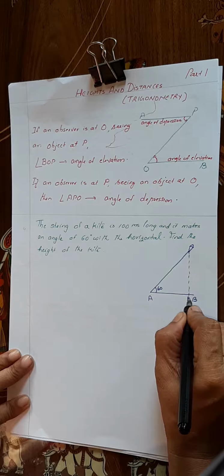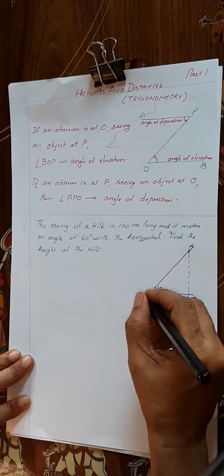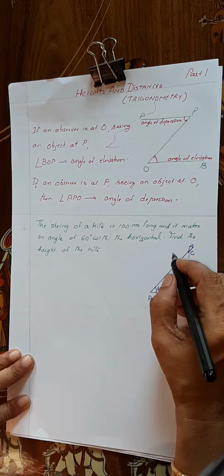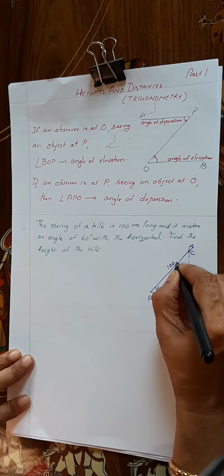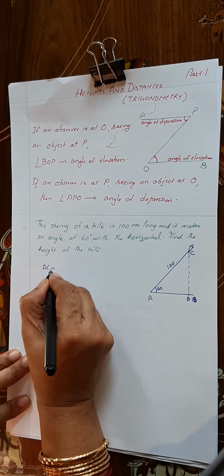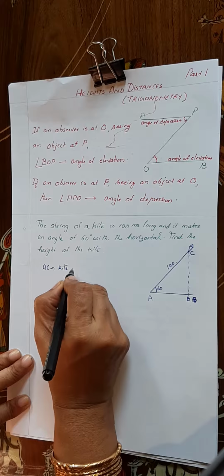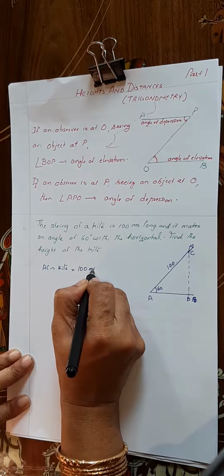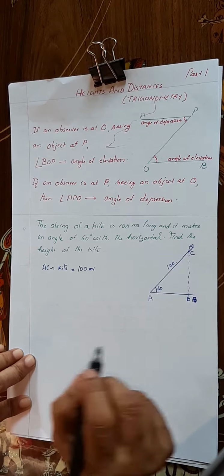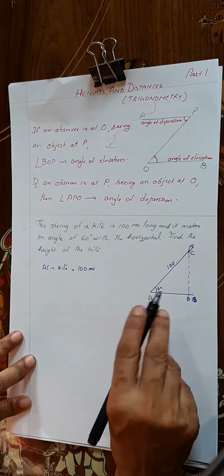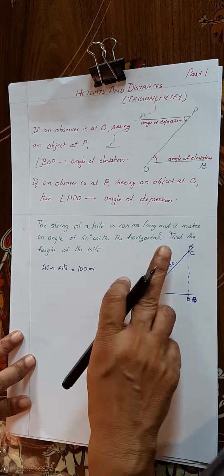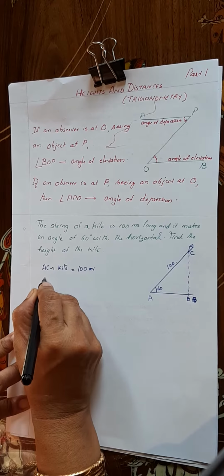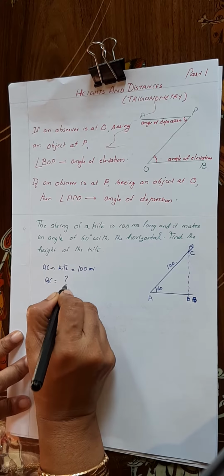Let us put this point as B and this as C. It is given that the string of the kite, AC, is 100 meters, and the angle of elevation is 60 degrees. Now we have to find the height of the kite, that is BC.